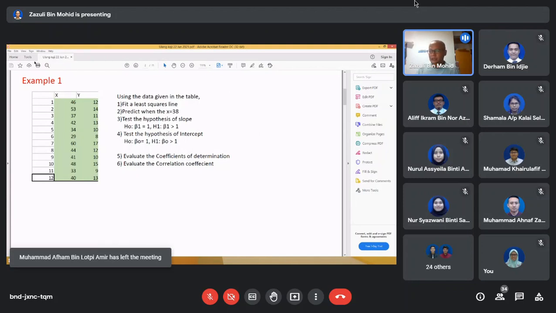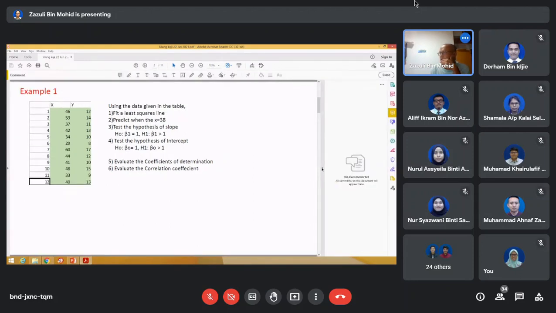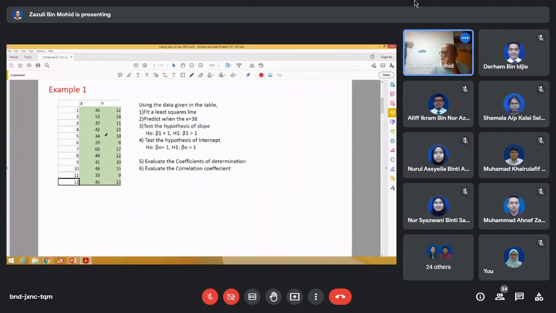If you are given data here and you are asked to do analysis, you will be provided two sets of data.